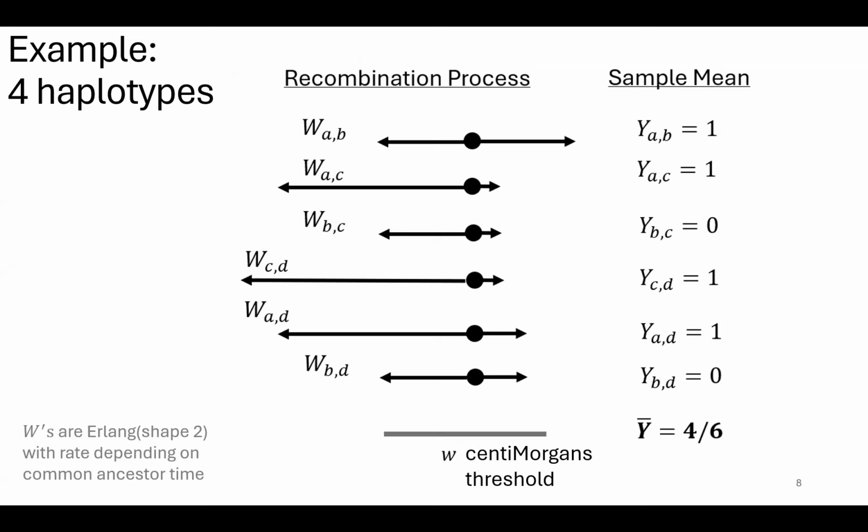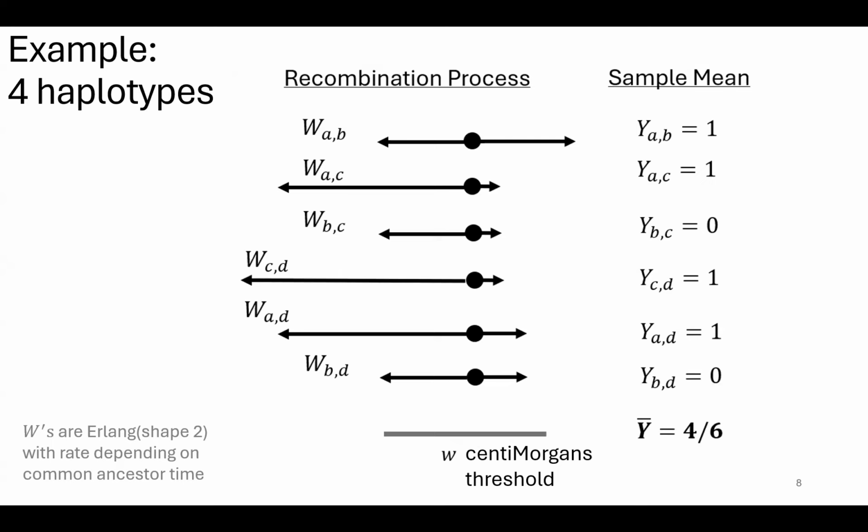So this is the modeling of our recombination process, and it's been known for almost a century, really, from the work of Haldane, that the Poisson process model is a good model in this case for the recombination process, and that is where these exponential random variables are coming from.